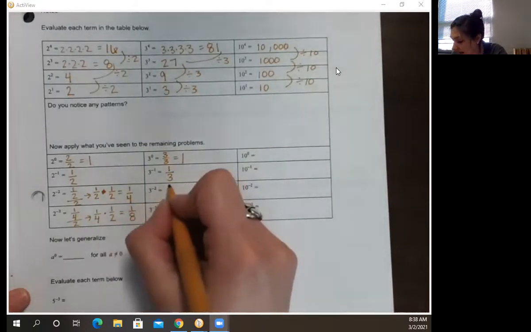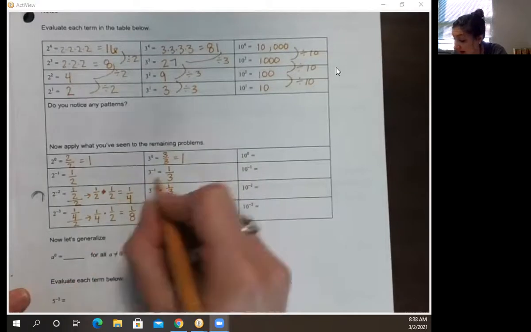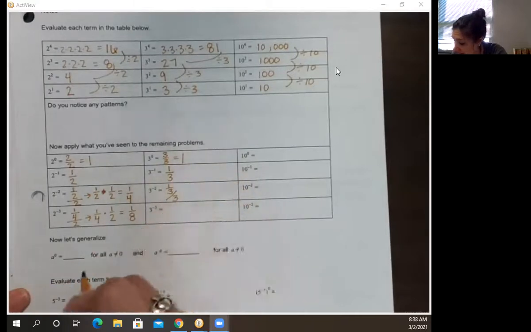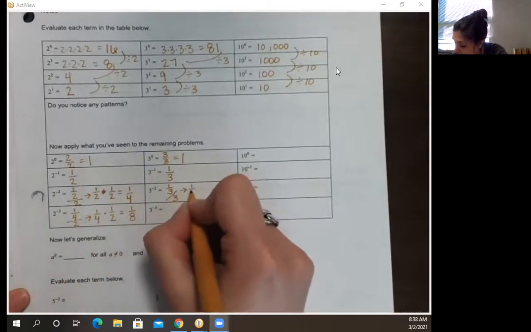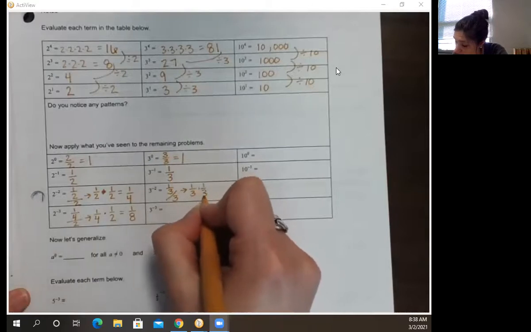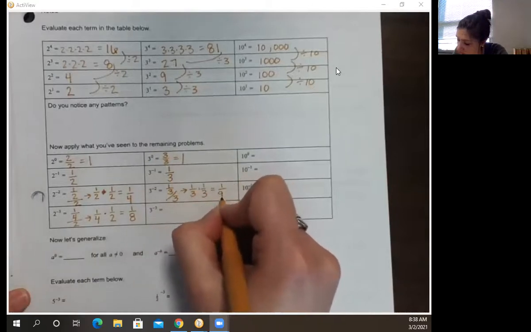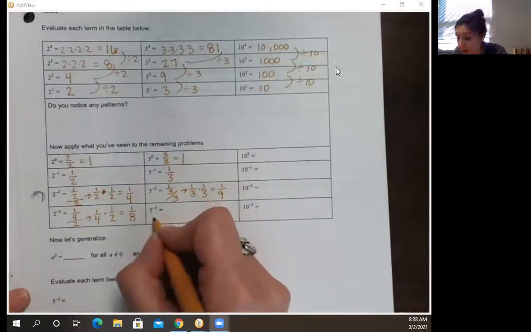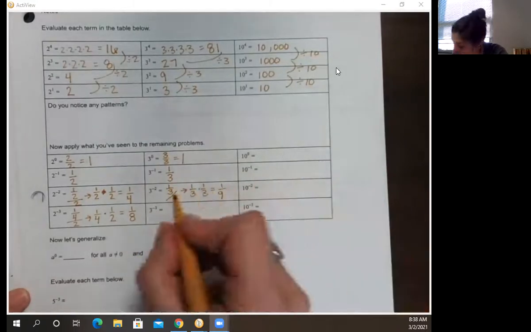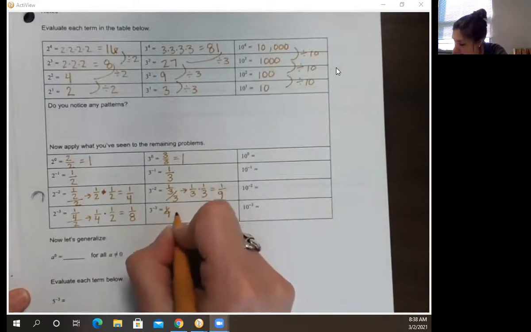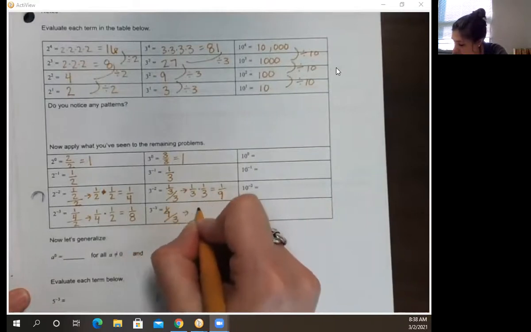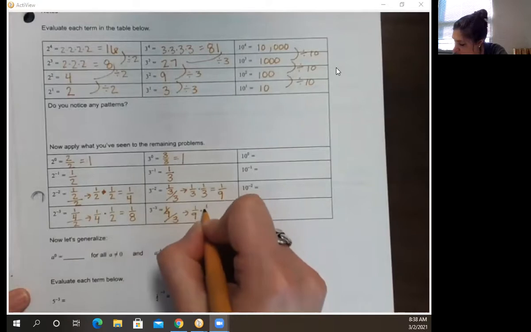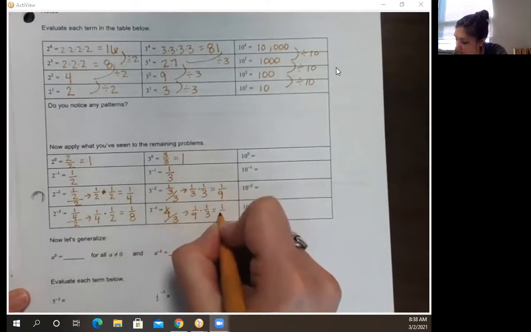Now, if I reduce that power again, take my last answer and divide by 3. So that would be 1/3 times 1/3, which would give us 1/9. And then again, if I want to reduce that power by 1, I can divide by 3. So 1/9 this time divided by 3, which would give me 1/9 times 1/3, which would be 1/27.